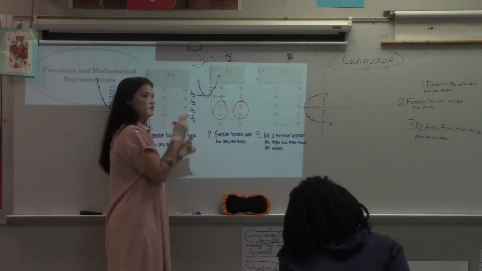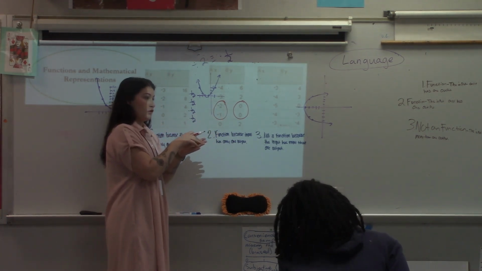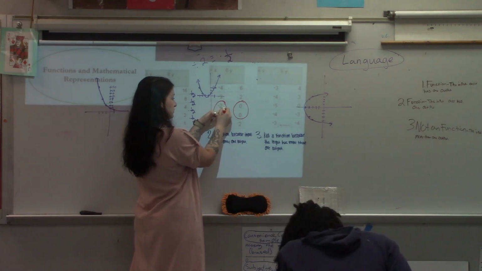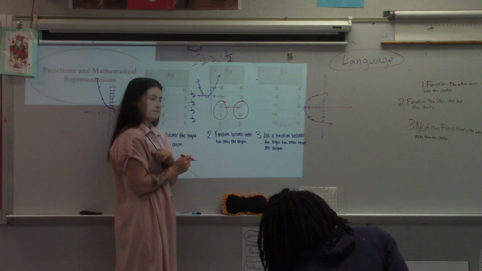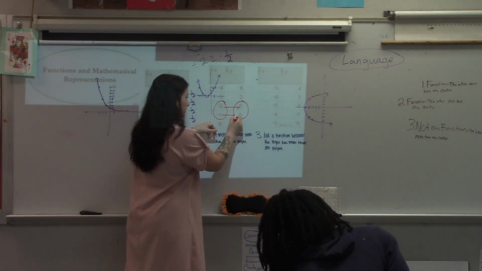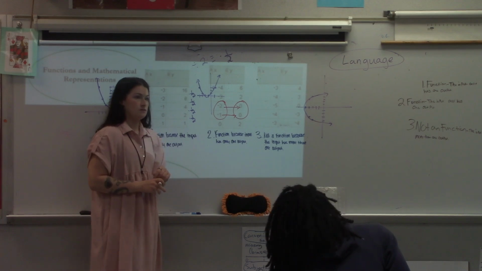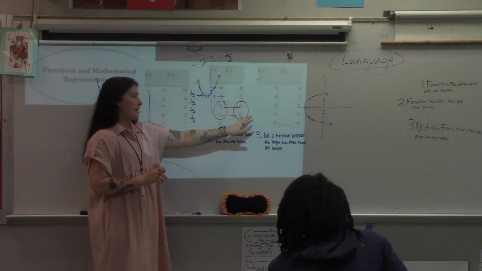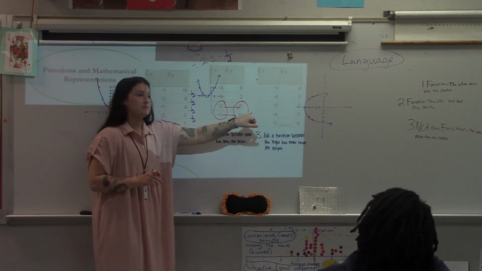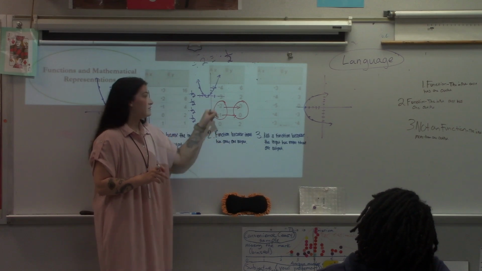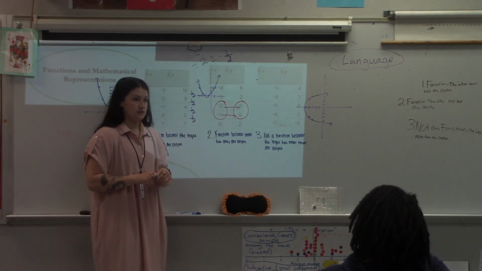No. They have two different inputs, and for every -2, we only got 0, right? For every -1, we only got 0. So it's okay that we repeated 0 as an output because they have two different inputs.